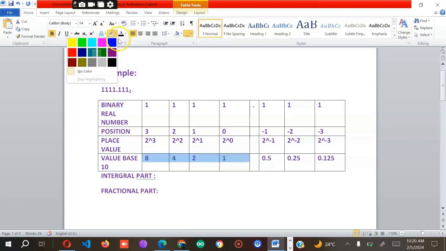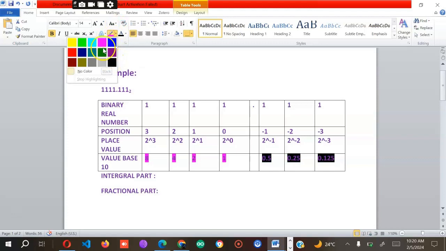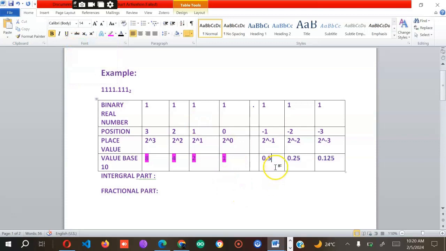So that is our integral part. Well, on the other side, this is now the other part, the fractional part.